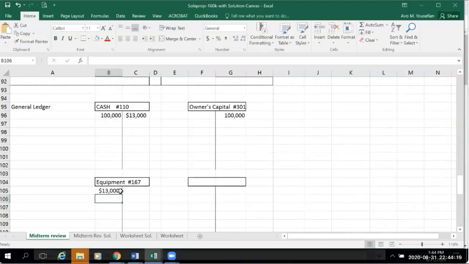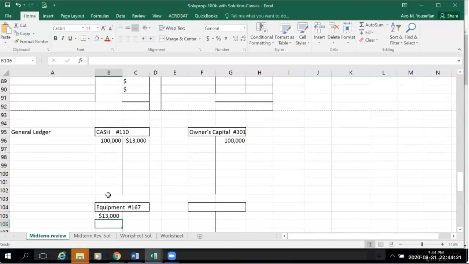Now we have equipment. Now, how much cash do we have? In order to see how much cash we have, we can go here, draw a line.